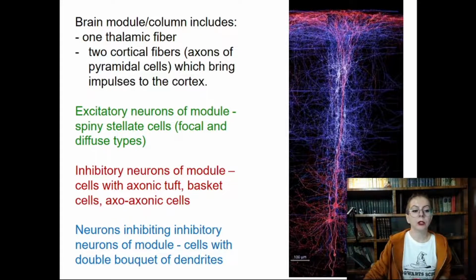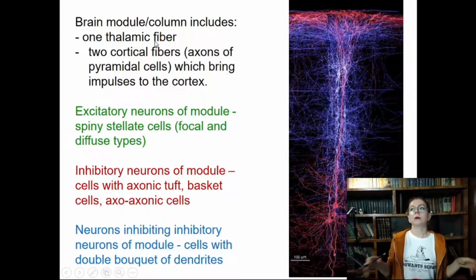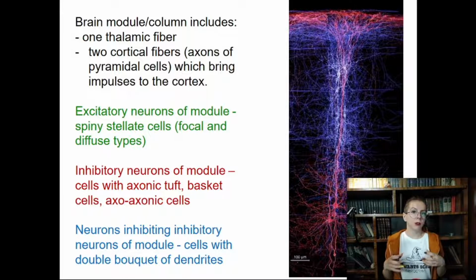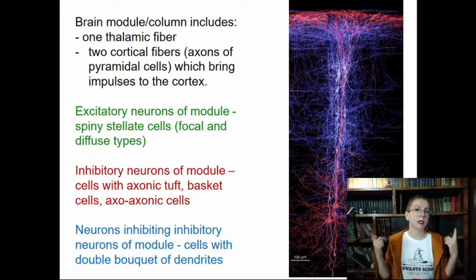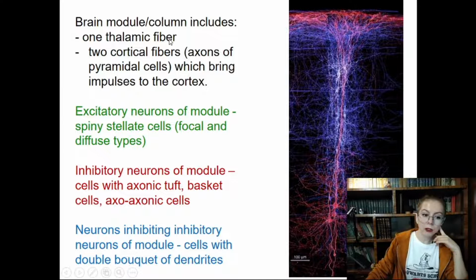This unit includes one thalamic fiber coming from the thalamus. And you know the thalamus first receives and collects the information from all our organism's receptors and then sends this information to the cortex. So one thalamic fiber with the afferent information comes to the cortex and spans its six layers.